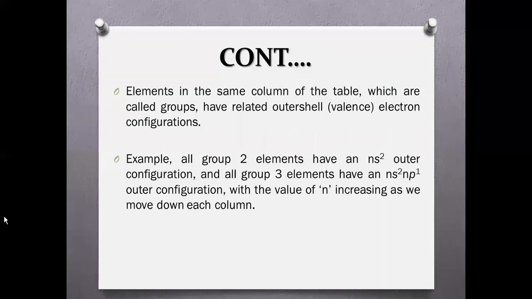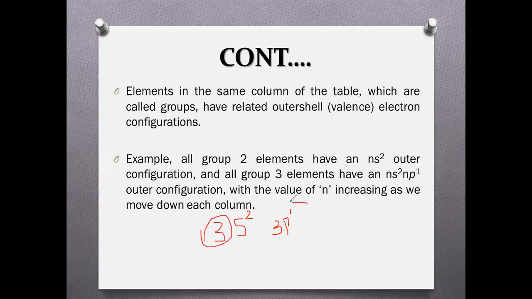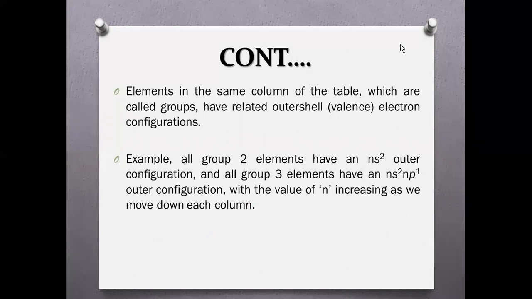So when you say it is the third period, it should be 3s2 3p1. Therefore, you can say that is a third period element, and a group 13 element. This is the connection between them.